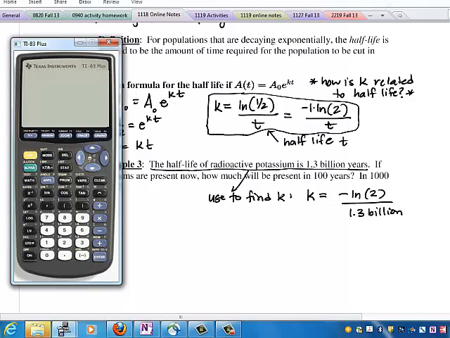That's going to be a really small number, so you just want to store that as k on your calculator. So let's do negative natural log of 2 divided by 1,300 and then another 3 zeros, and then another 3 zeros. Store that as k.